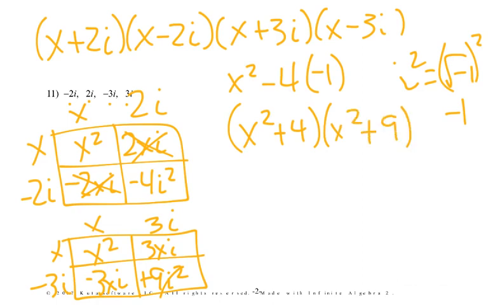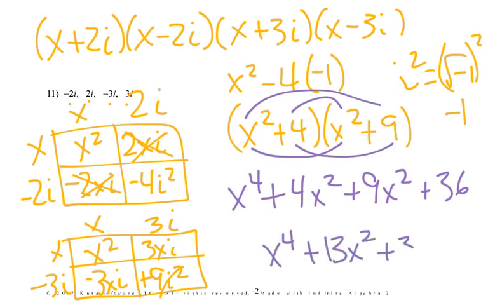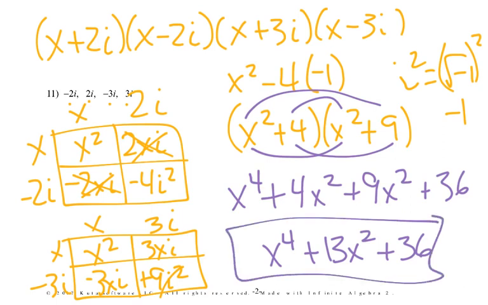Okay, so could use a box method one more time, or just go x to the 4th plus 4x squared plus 9x squared plus 36. And we get x to the fourth plus 13x squared plus 36. And there is our answer.